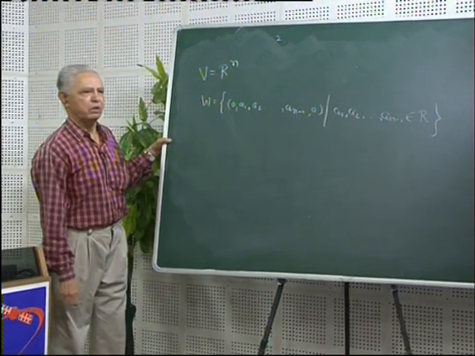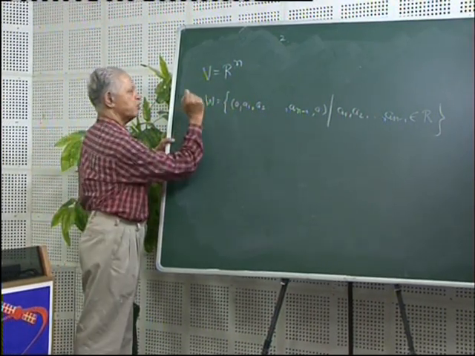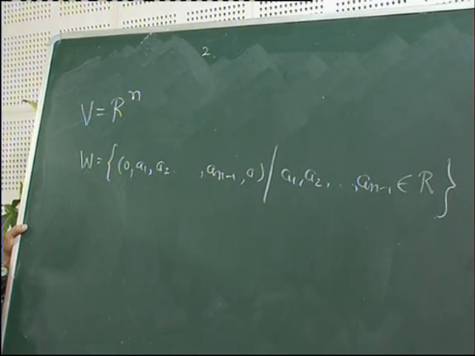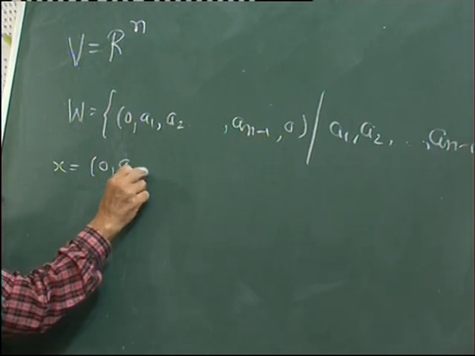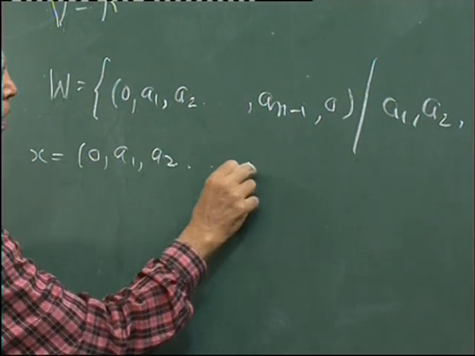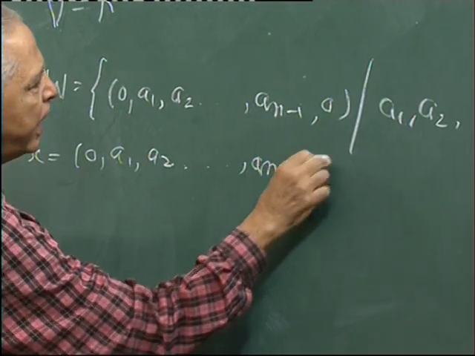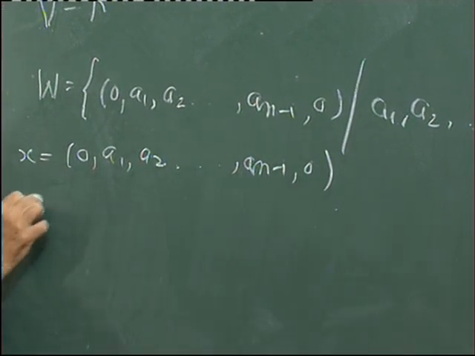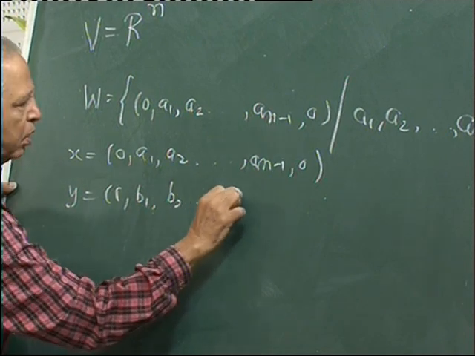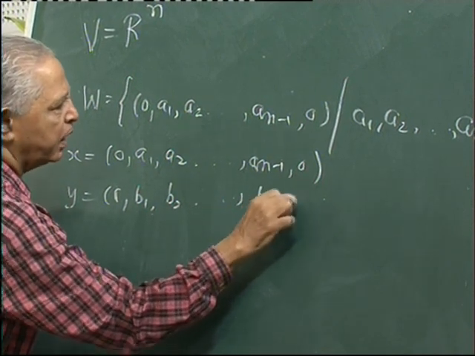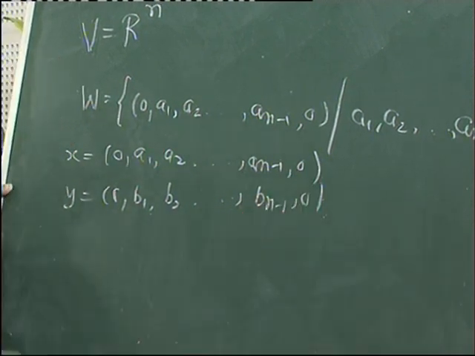I will show that this is a subspace. Suppose x is a vector (0, A1, A2, ..., A_{n-1}, 0) and y equal to (0, B1, B2, ..., B_{n-1}, 0).